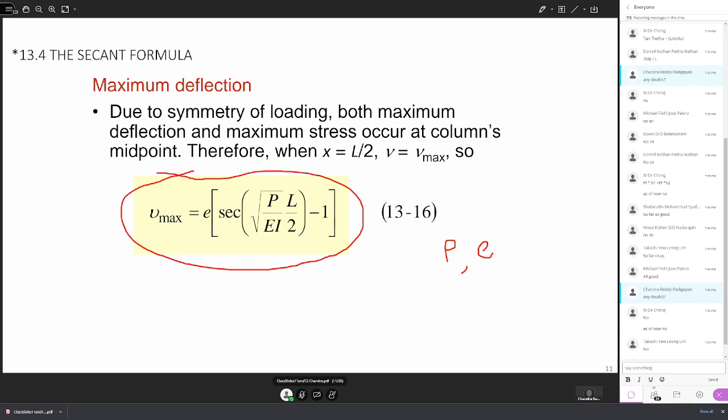When the load is acting at an eccentricity, you can use this formula to calculate the maximum deflection. The function here is secant, the inverse of cosine. So secant theta is the inverse of cosine theta.